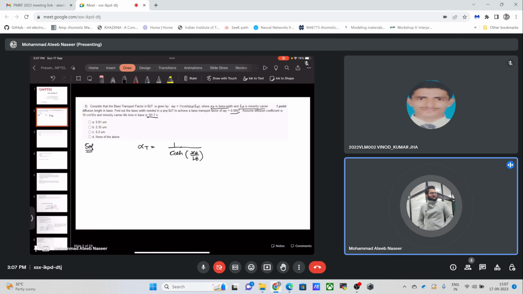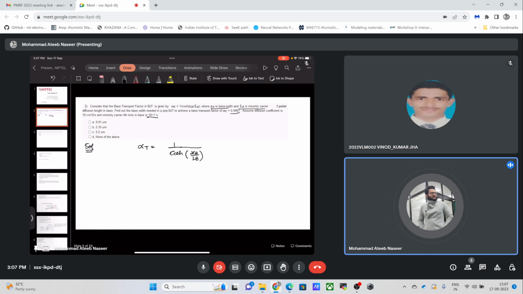Okay, so the P side will have holes as majority carriers, and the N side will have electrons as majority carriers. It means that in this base region, the holes are the minority carriers, and they are being injected from the emitter side.